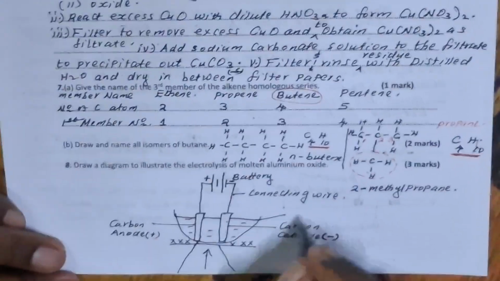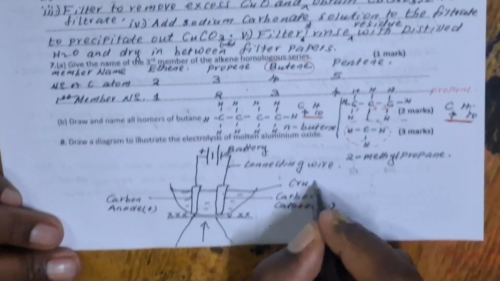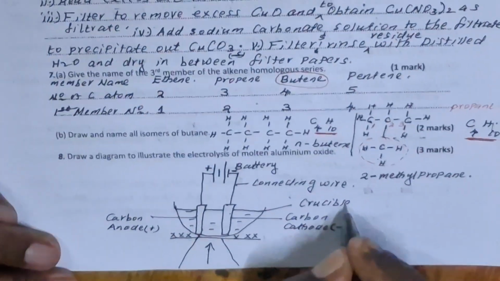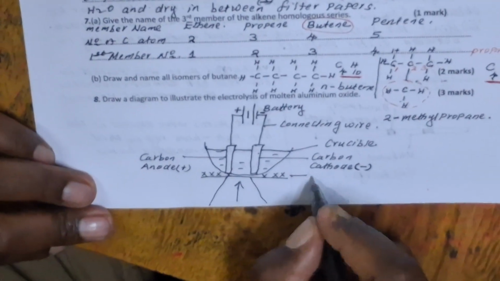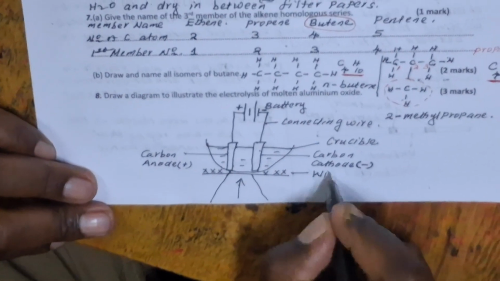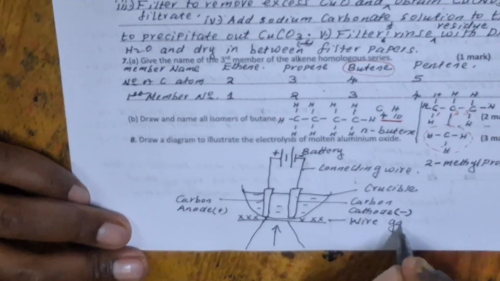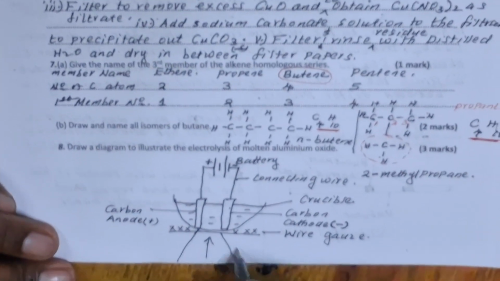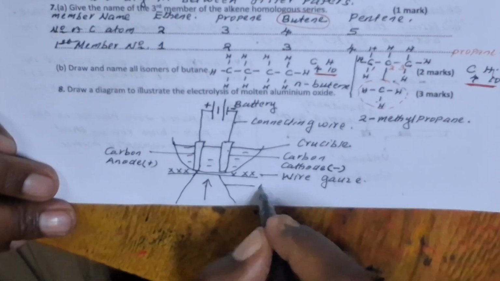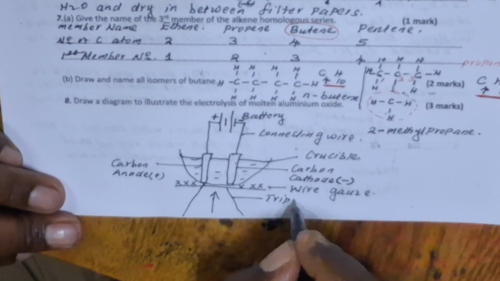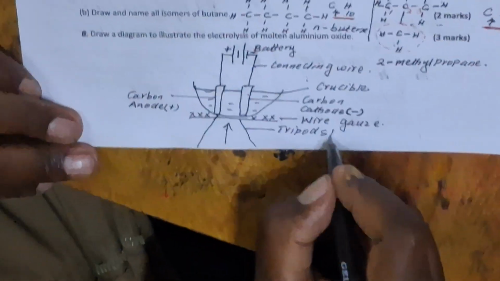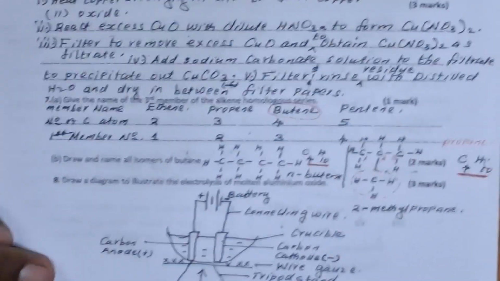This is a crucible. Label as much as you can. This is a wire gauze. You write wire gauze. A tripod stand. And finally heat.